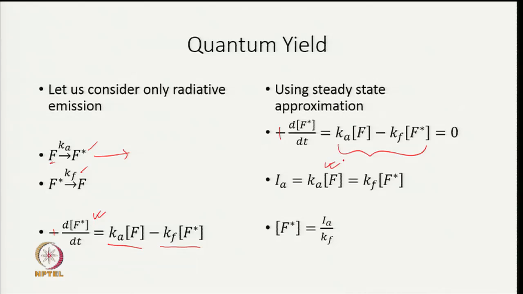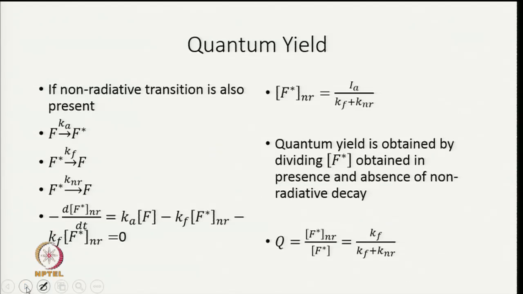What that means is K A F is equal to K f multiplied by the concentration of F star, and K A F is basically the intensity of absorption. So, we generally do not write K A into F, we simply denote that by I A. So, what is F star? F star is simply I A by K f. So, now I know the amount of excited fluorophore is given by I A by K f.